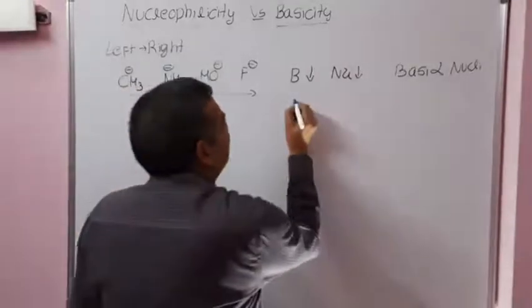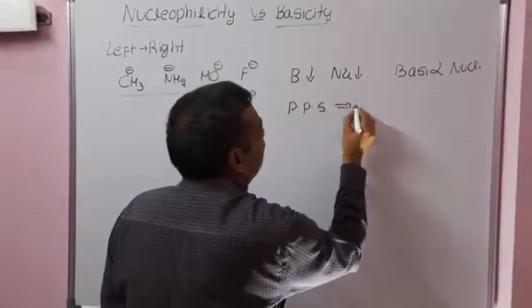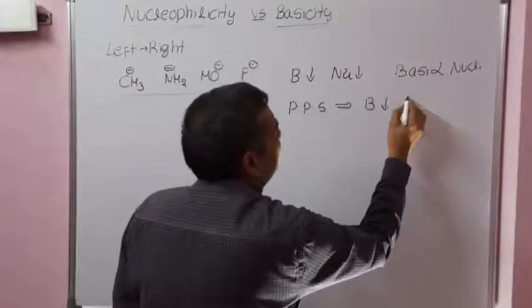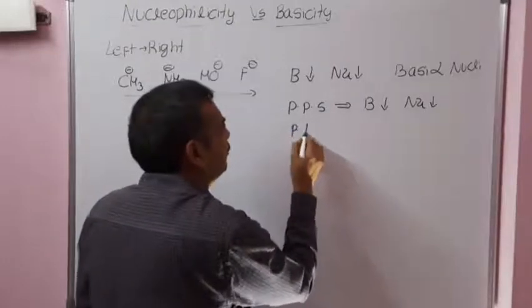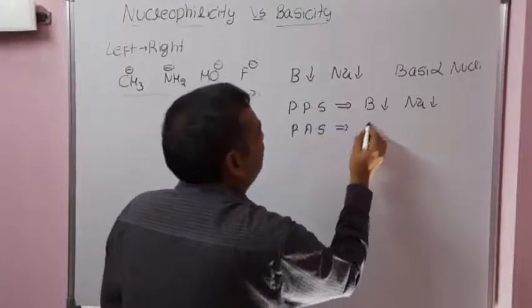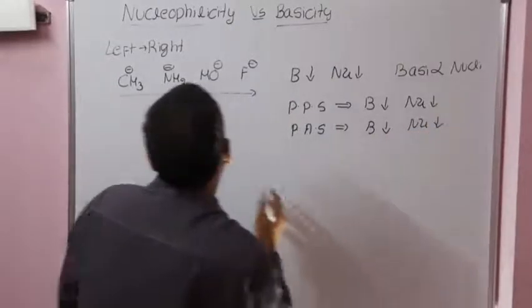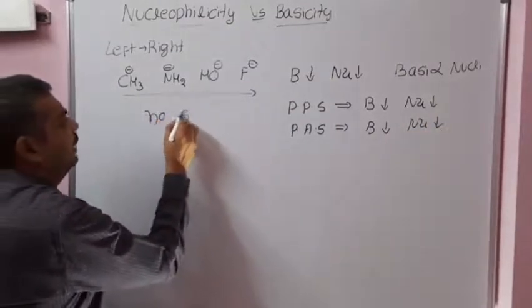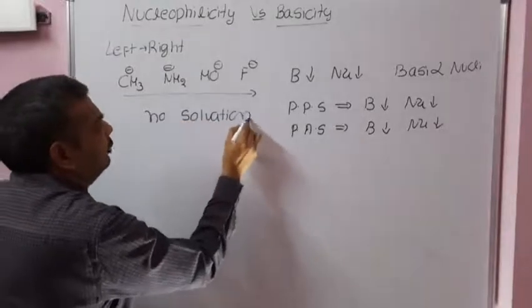So the same order holds in polar protic solvent. In polar protic solvent also, basicity decreases and nucleophilicity decreases from left to right. Polar aprotic solvent also, basicity decreases and nucleophilicity decreases. Why? Because there is no solvation effect in the periodic table from left to right.